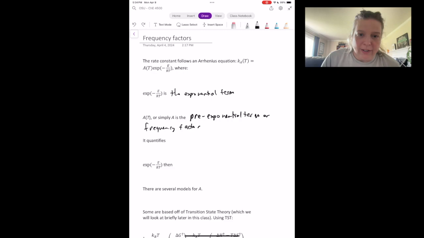Okay, so the frequency factor. This quantifies the number of opportunities for a reaction to happen.